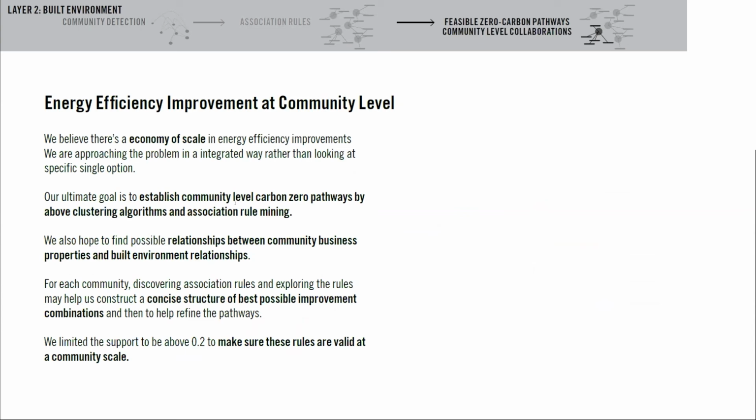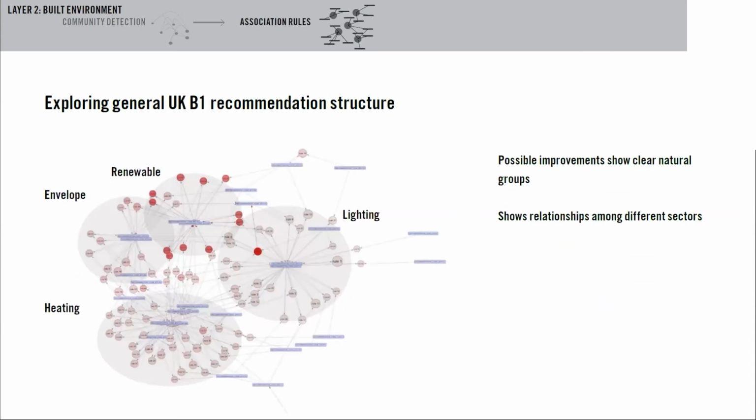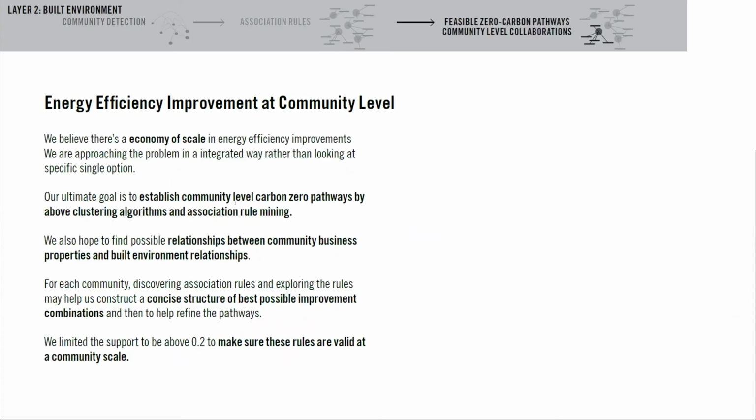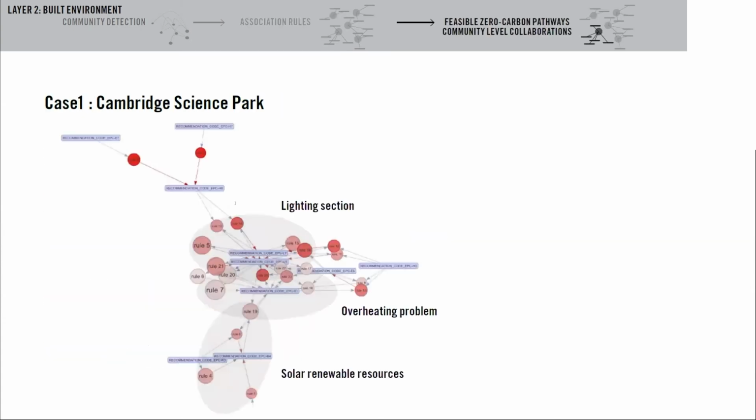And come to the previous one, please, Andrea. Sorry. No worries. So if we focus on the one case here, the Cambridge Science Park, different from the general case, we can see that we have a clear solar renewable resources part here, and a main problem is discovered in the science park buildings, and then there are some easy to fix problems in the lighting section here.